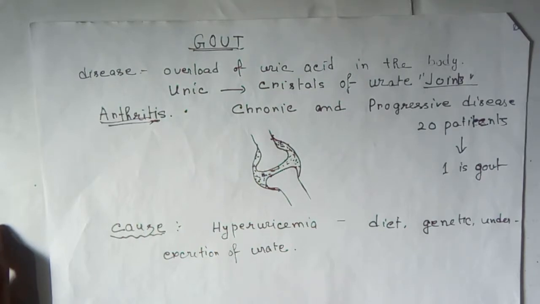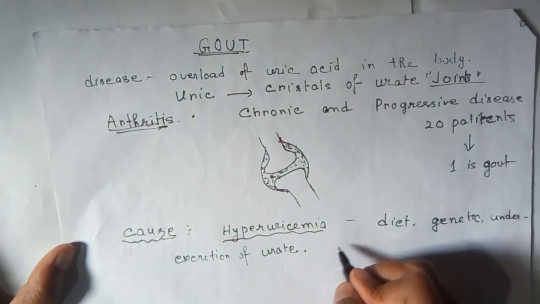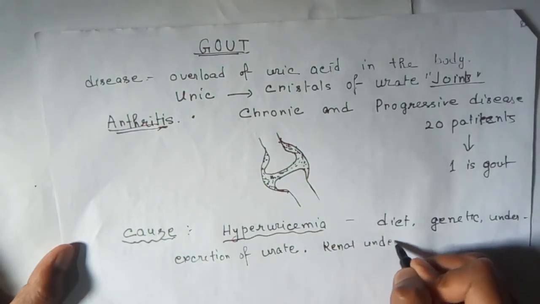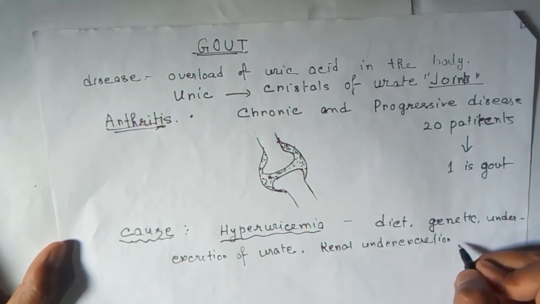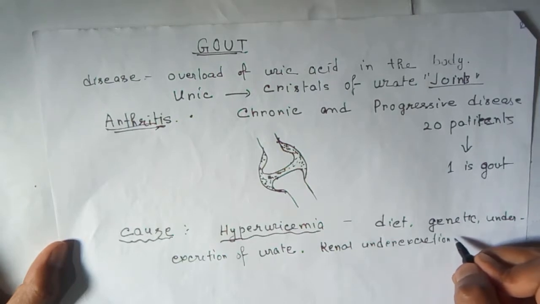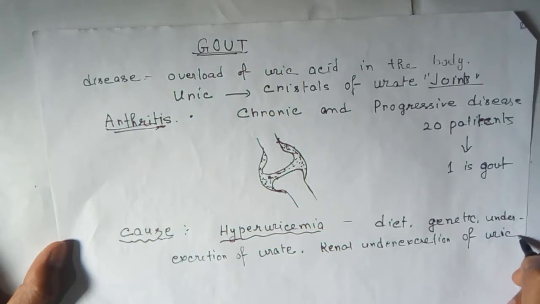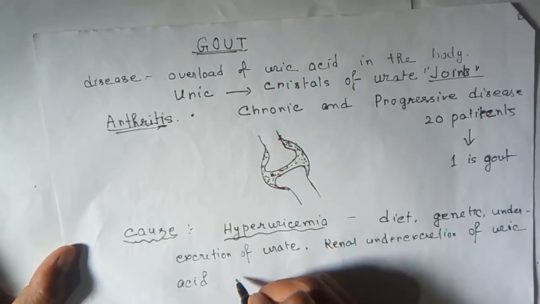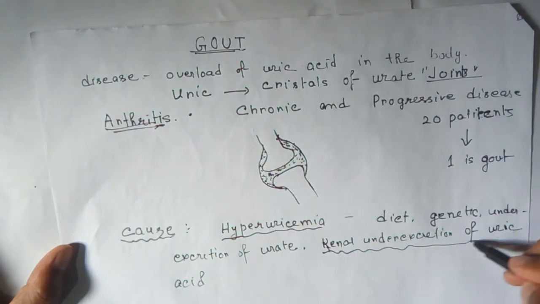Renal under-excretion of uric acid is the primary cause of hyperuricemia.